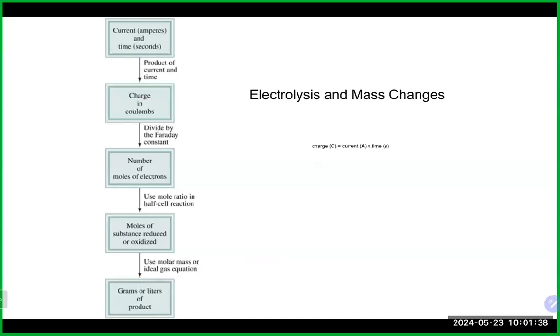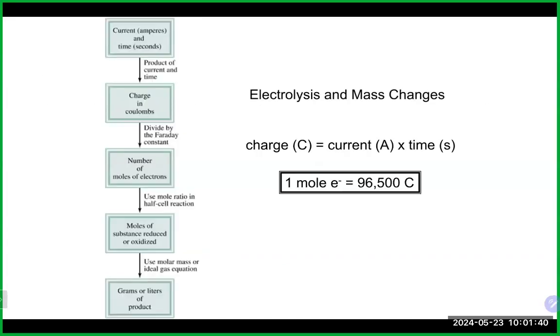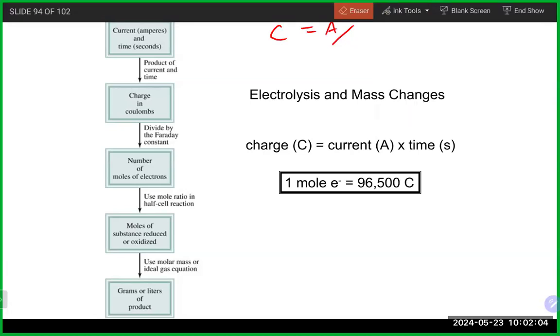Now, when we do electrolysis problems, there are a couple of different situations or ways to work these problems. But in a lot of situations, they will tell you, hey, you ran this electrolysis cell at a certain current or amperage, and a coulomb is equal to an amp times a second.